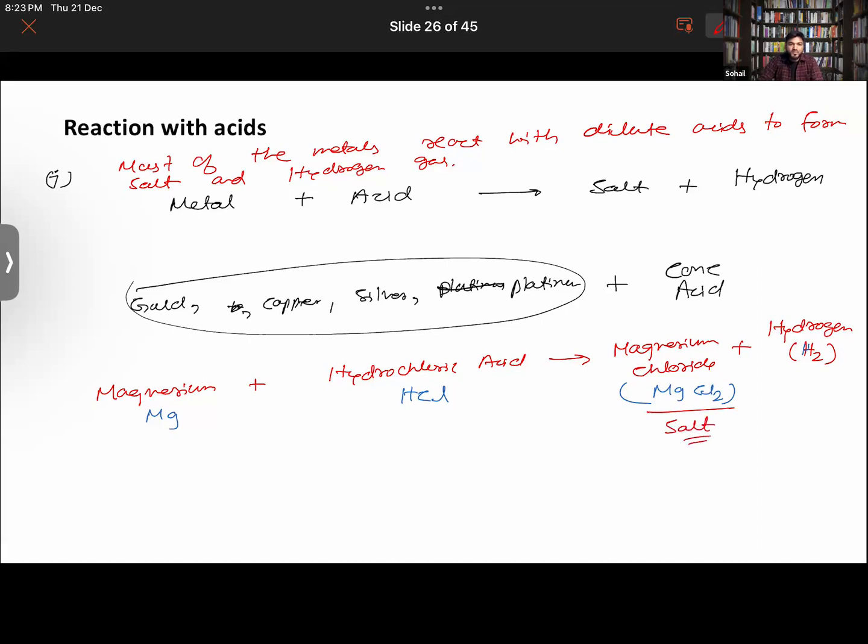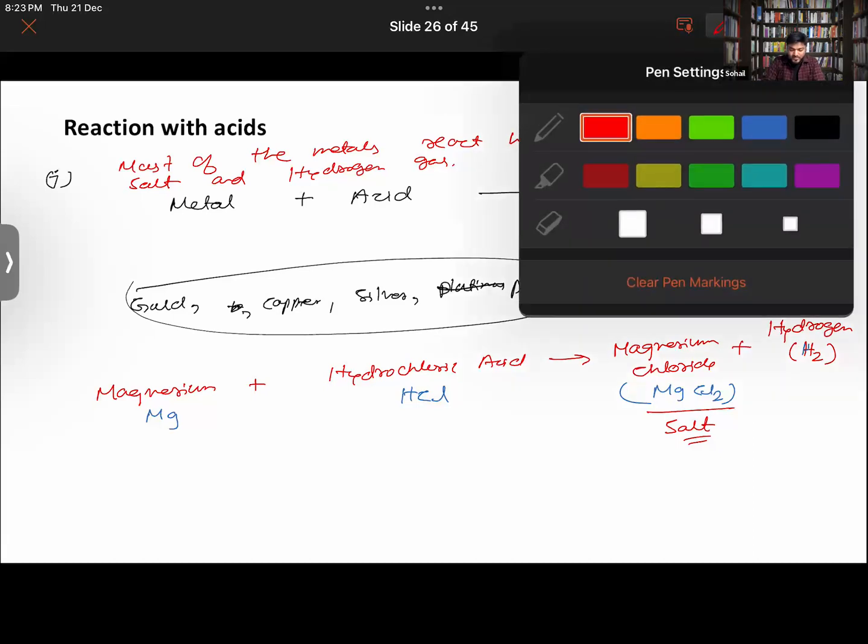Then you have other examples of metals, for example aluminum, iron, or zinc. They are also known to react with dilute hydrochloric acid, and they react with dilute acids as well, because they have a high reactivity. In the reactivity series, they are somewhat higher in the numbering.